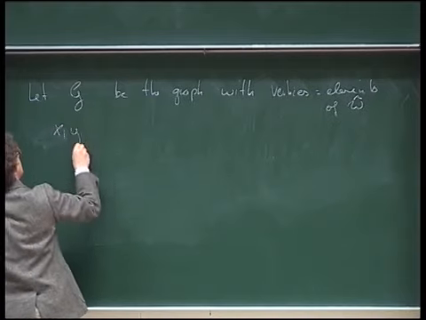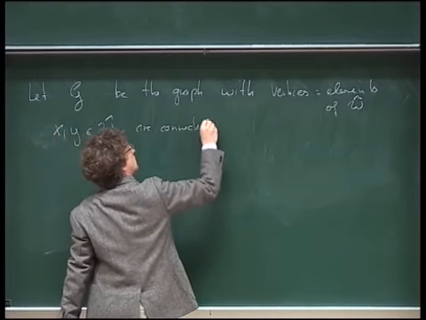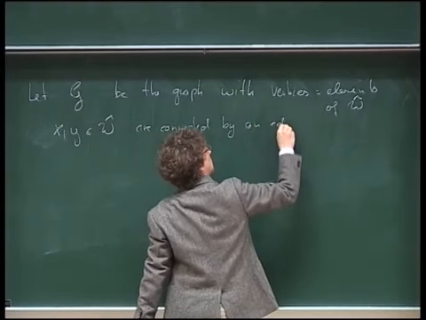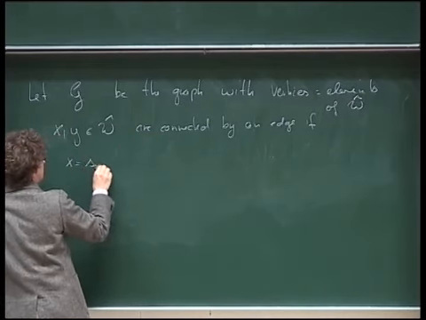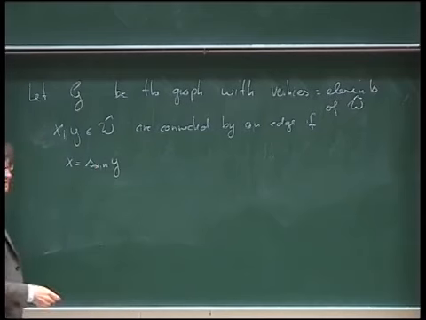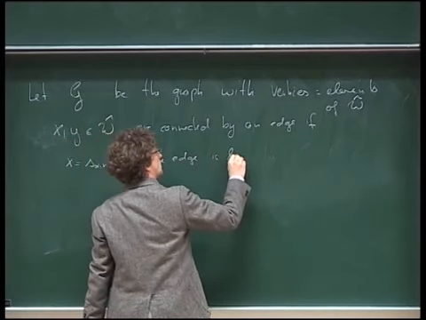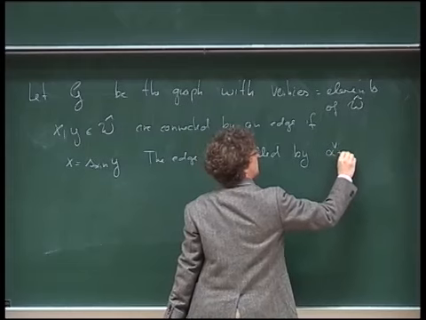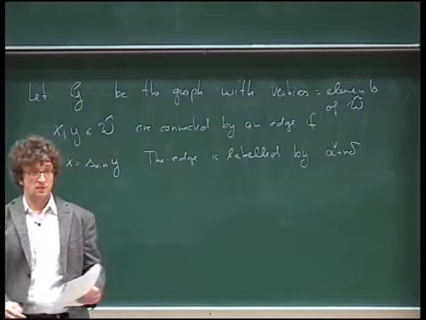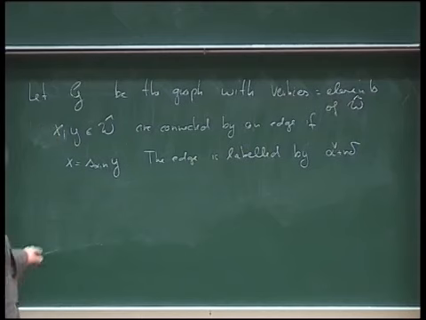So x and y in W hat are connected by an edge if x is s alpha n times y, so if they differ by one of our generating reflections, and the edge is labeled by alpha check plus n delta. So the equation of the reflection hyperplane for s alpha n.